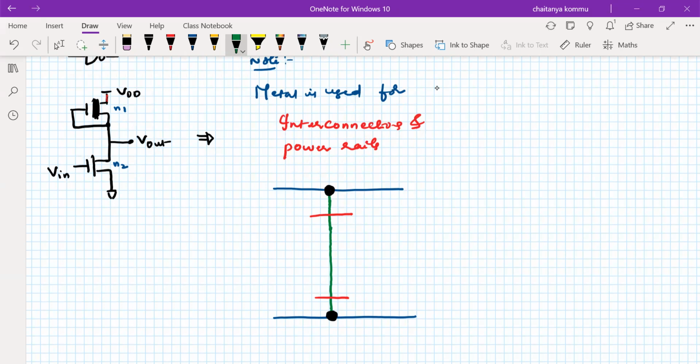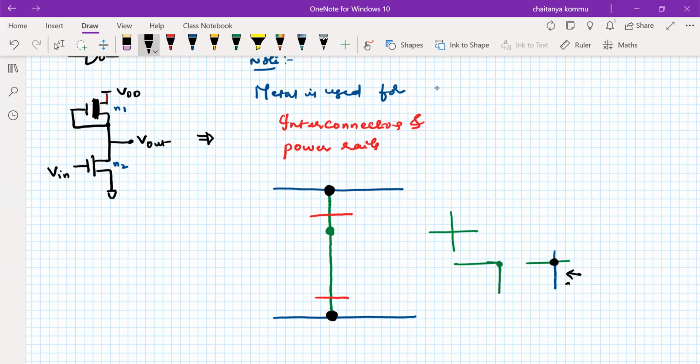The question is, is it necessary to provide a contact here? Obviously not required. Why? Because it is the same material. When the same material is crossing, for example, one diffusion here and another diffusion here, even if you are not providing any contact cut, the connection will be established. These two are very near to each other, therefore the connection is automatically established between them. Whereas if one is diffusion and the other is metal, unless you have a contact here, they are not connected.